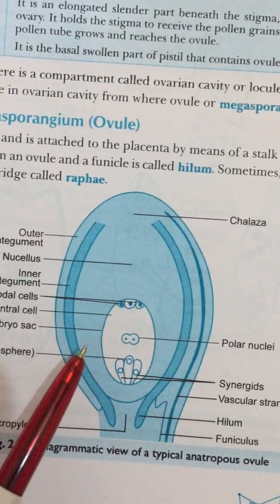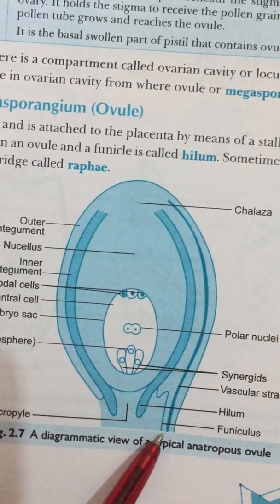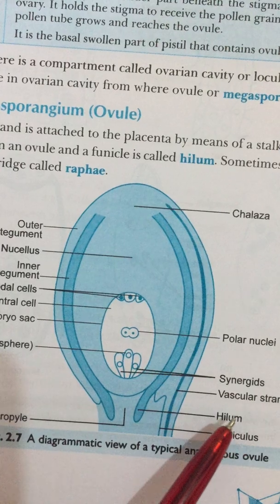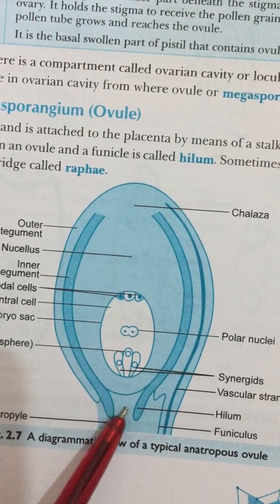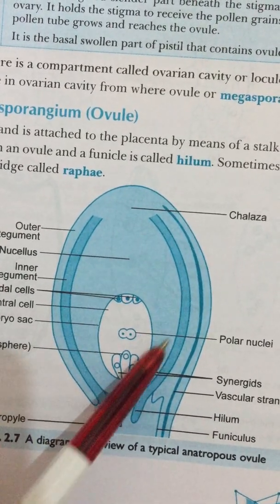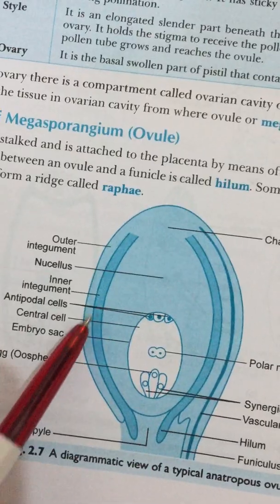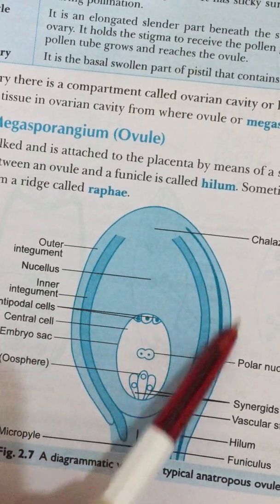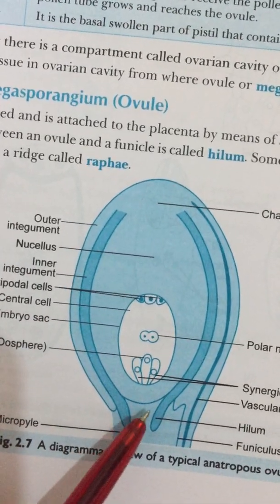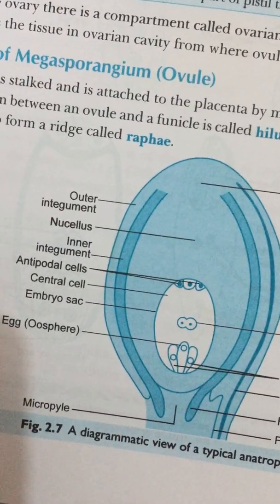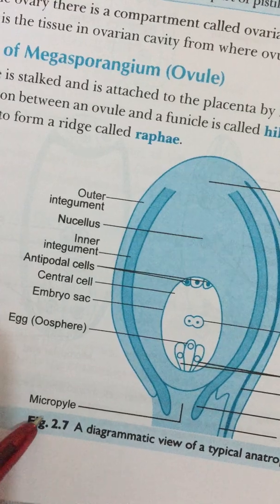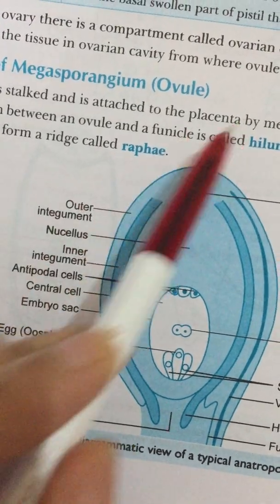Let's discuss the structure of megasporangium, that is ovule. If we see the structure of an anatropous ovule, it has a stalk called funicle. It has a hilum, which is the point of attachment of the body of the ovule with the funicle. Several layers or integuments are there, and a small pore called micropyle, through which the pollen tube enters the embryo sac.